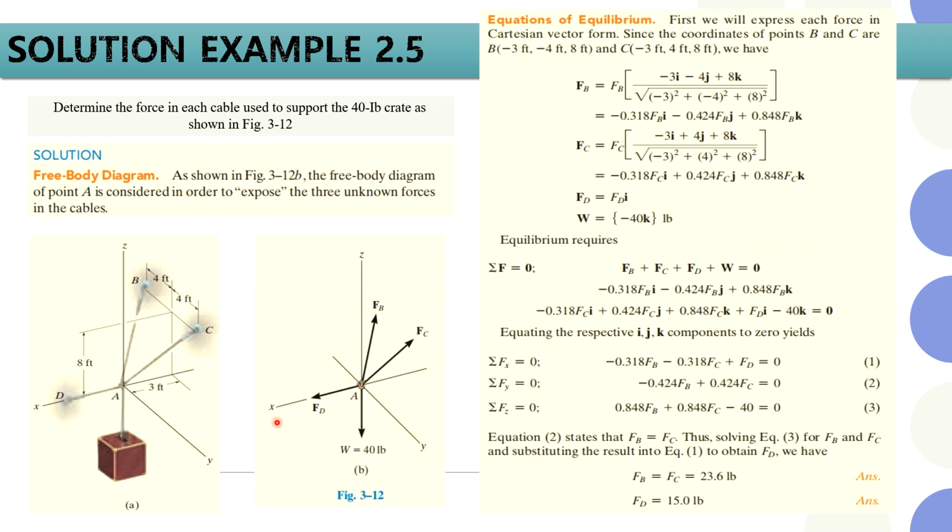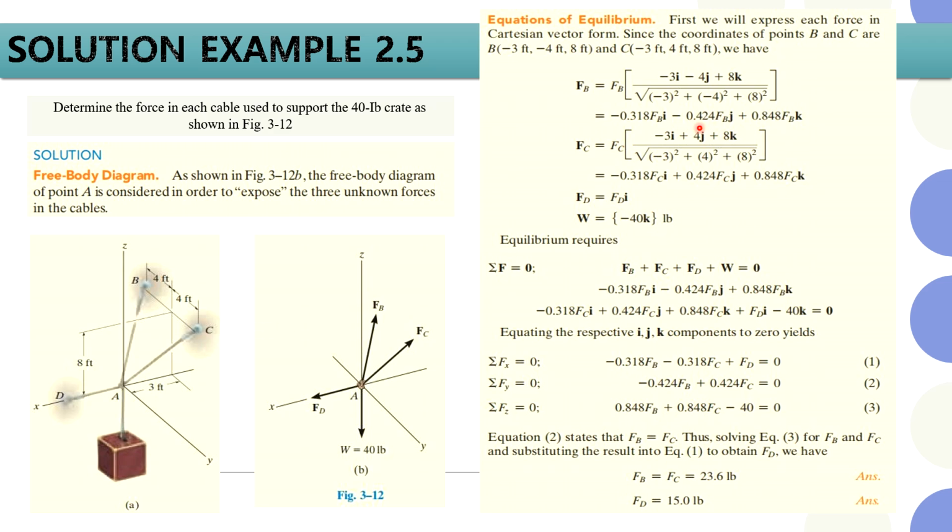Because the cables pull in 3D space, the easiest way to handle this is to express each force in Cartesian vector form. So we first find the coordinates for points B and C and write out the position vectors for each cable.